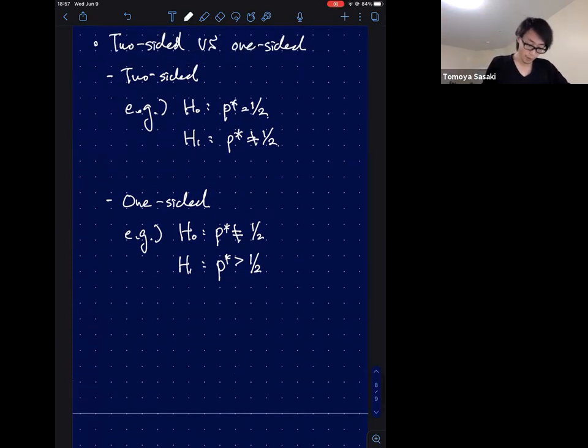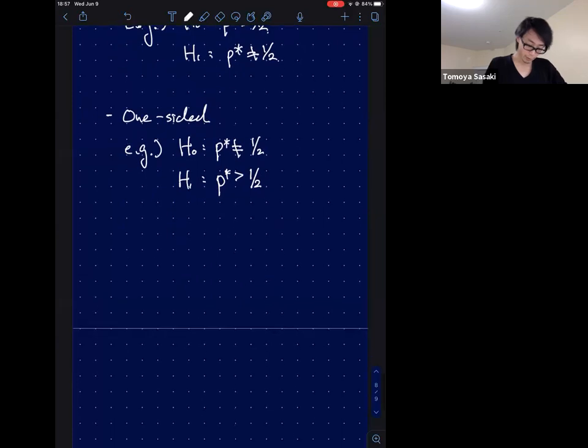So what I would like to do now is, actually, a side note: two-sided hypothesis testing is usually better, for reasons that I'm going to explain later. But there are some cases where one-sided hypothesis testing might make sense.